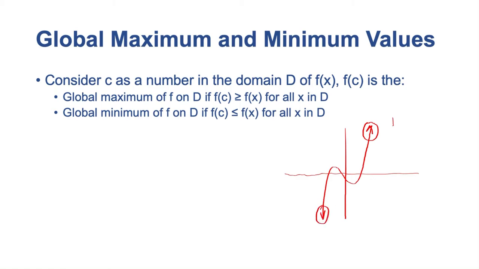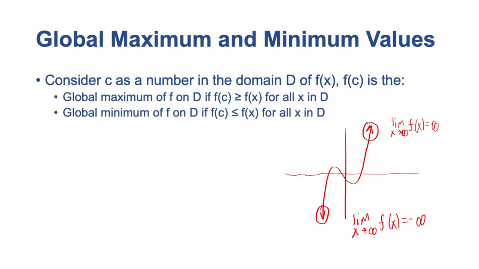The limit as x goes to infinity of f of x is equal to infinity, and the limit as x approaches negative infinity of f of x is equal to negative infinity. And that is basically just end behavior to determine our global maximum and minimum values.